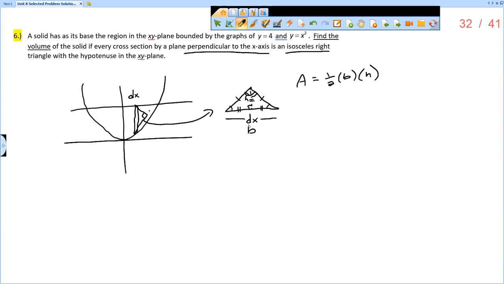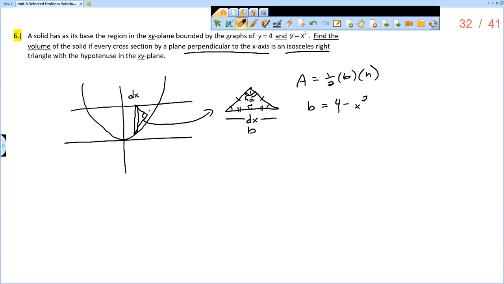If this is an isosceles right triangle, the base here is the height of the dx. So we take the upper boundary, 4, minus the lower boundary, y equals x squared. So b is 4 minus x squared.